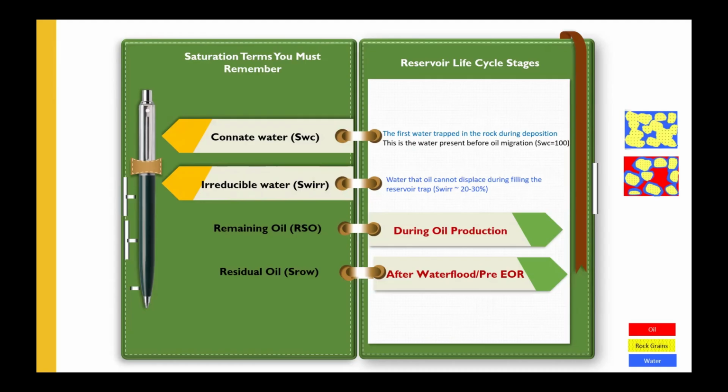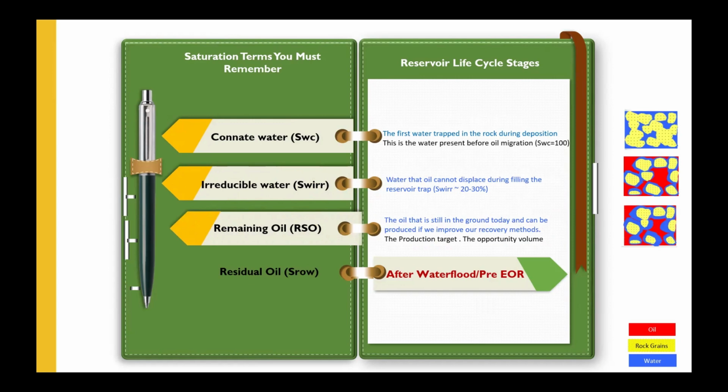During the oil production, some oil still remains trapped in the pores. This is called remaining saturation of oil, RSO. And this is the recoverable hydrocarbon.